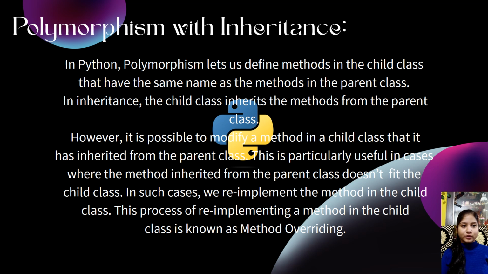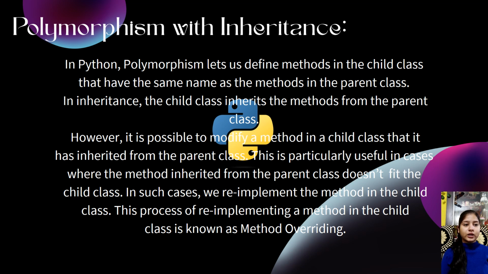In Python polymorphism, let us define methods in the child class that have the same names as the method in the parent class. In inheritance, the child class inherits the methods from the parent class. However, it is possible to modify a method in a child class that has been inherited from the parent class.